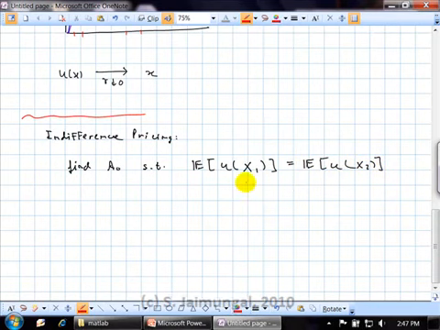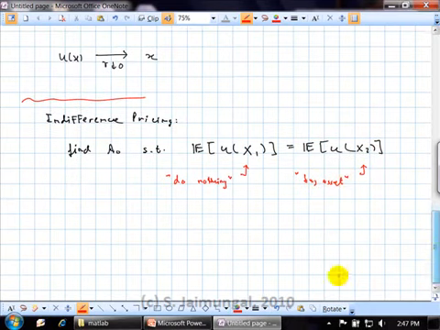Game one is the do-nothing game, and this is the buy-the-asset game. And that will allow us to determine A0. So let's go ahead and see.